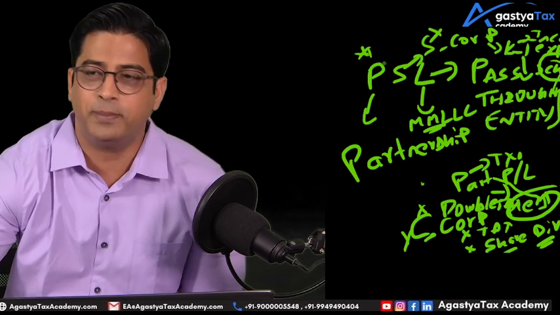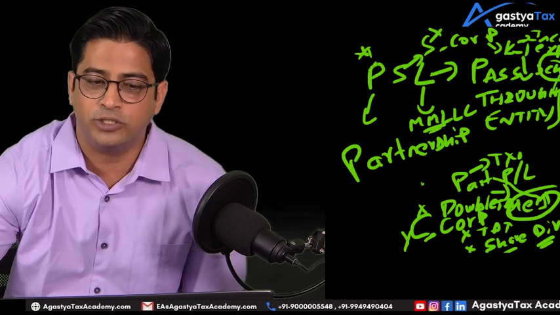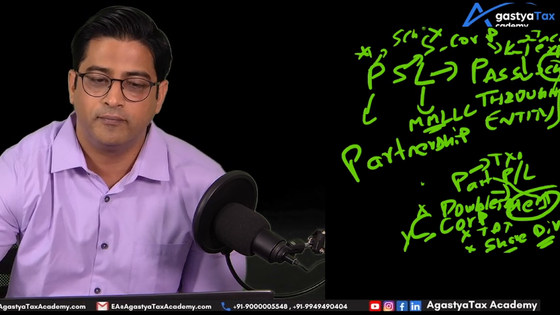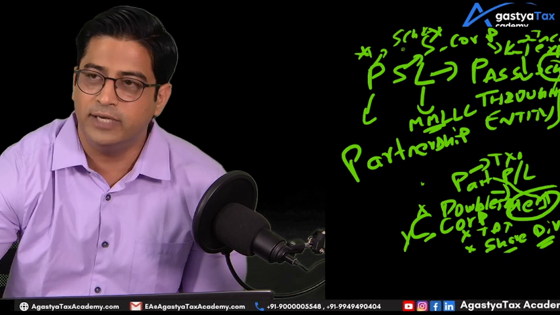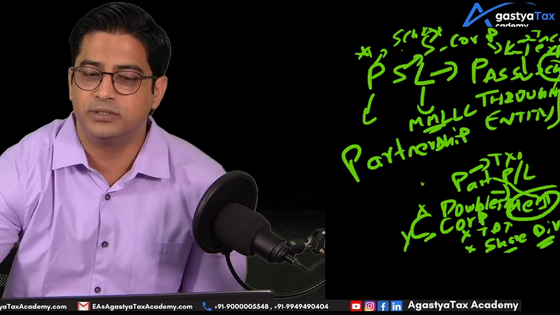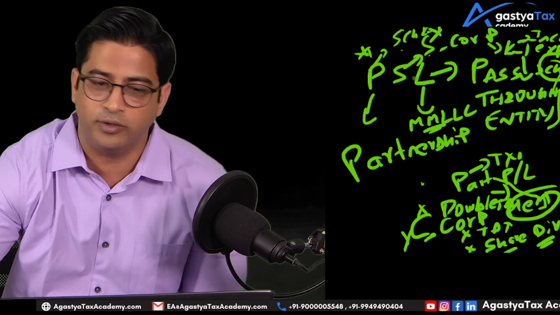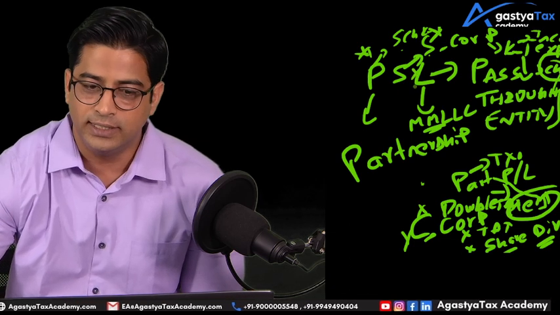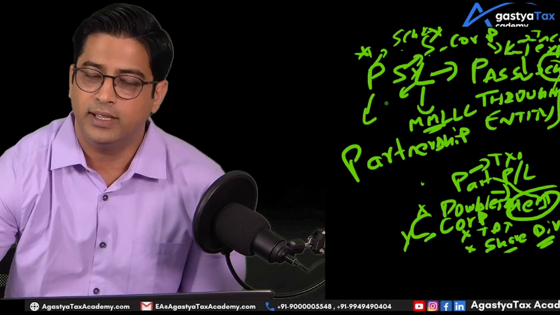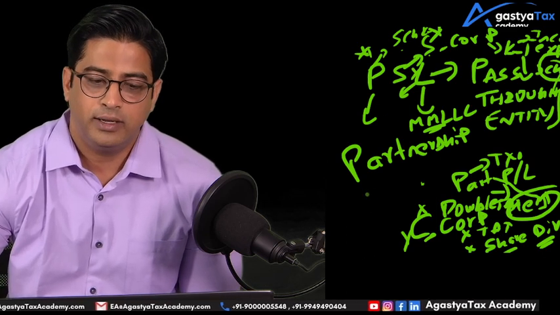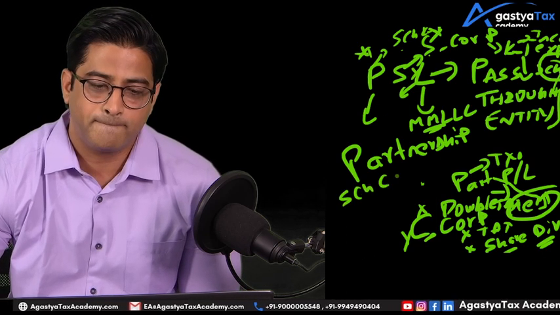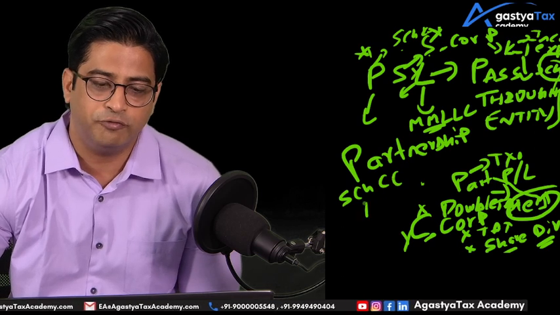Same thing will happen for partnership. Partnership will also give you a Schedule K1, and the individual will file Schedule E under 1040. Multiple member LLC also does not pay any tax. The individual will file Schedule C, profit or loss, Form 1040.